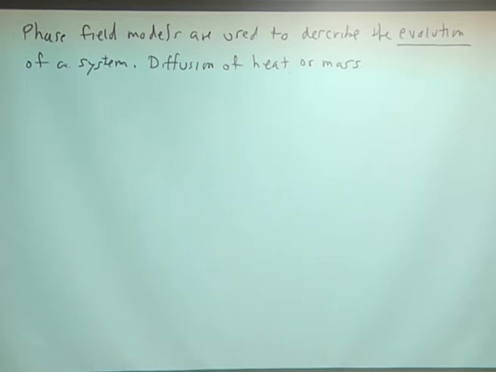If you come from the solidification community, you would formulate your phase field models in terms of diffusion of heat. You come from more of the solid state phase transformations community, which most of you represent. We're more interested in the diffusion of mass, isothermal diffusion of mass.